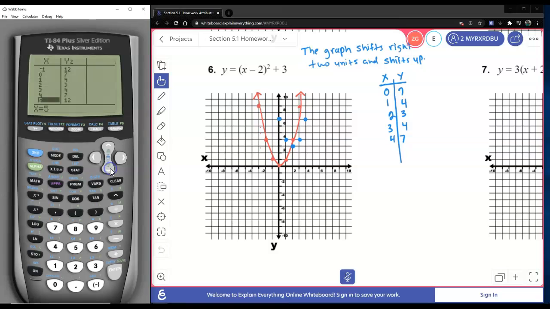We probably can go one more. Oh, nope. So I'm just going to go ahead and graph it just like that. Remember, you have to graph your points. So that's 4, 7. So there are the points. And you notice it shifted 2 units to the right and then 3 units up.